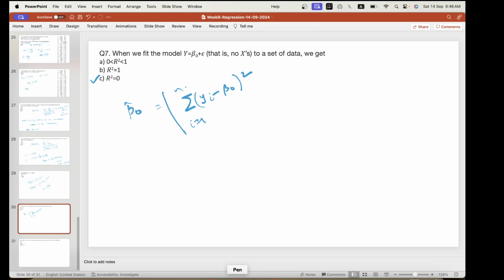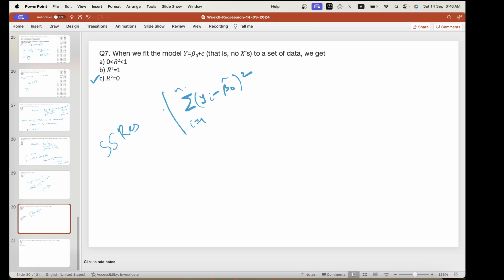So this one we can write as SS residual, the sum of (yi minus beta naught hat) whole square.